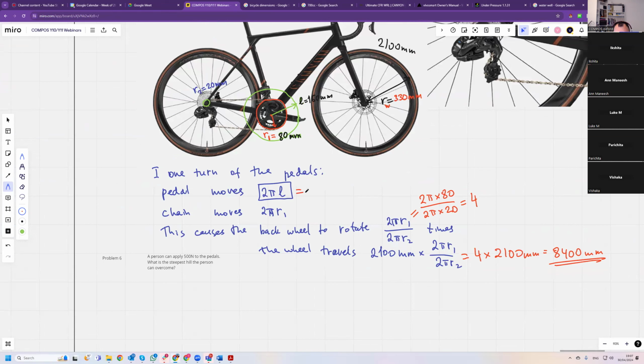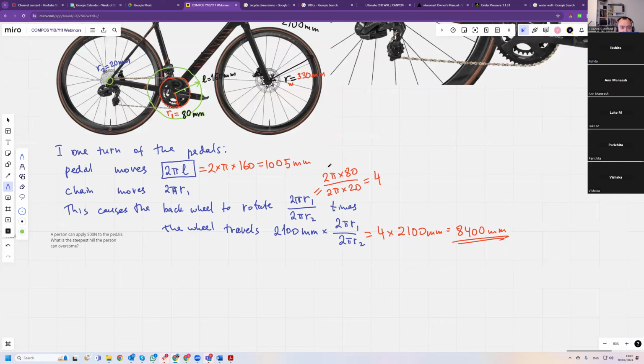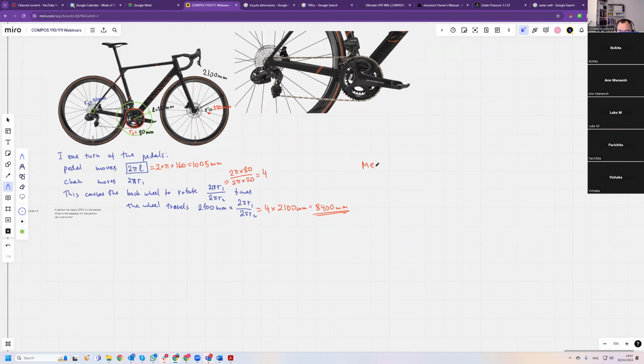So this is the distance the wheel travels, and we need to compare it with one turn of the pedal, that is 2 pi L, 2 times pi times 160, 1005 millimeters. All right, so the mechanical advantage is how much you move divided by how much the thing moves, which is roughly 1,000 divided by 8,000. 0.12.